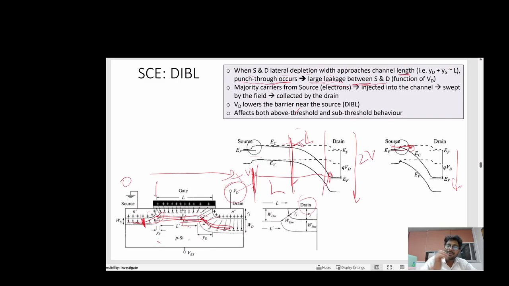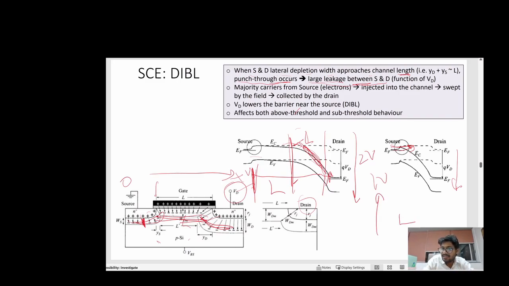If you apply a lesser voltage, let us say 1 volt, it can also pass. But the leakage current between source and drain will always be there, and it will be high in this case.